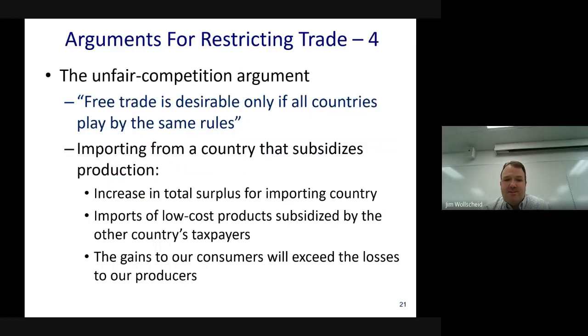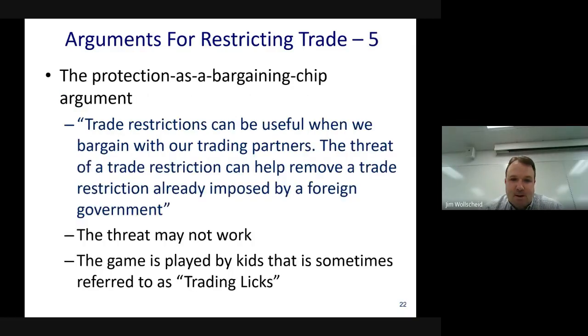Now, this one is probably my favorite, as these last two are unfair competition and protection as a bargaining chip. I won't trade with you unless you take away all your unfair rules and you trade with me. So I don't like what you're doing, so I'm going to try to punish you.